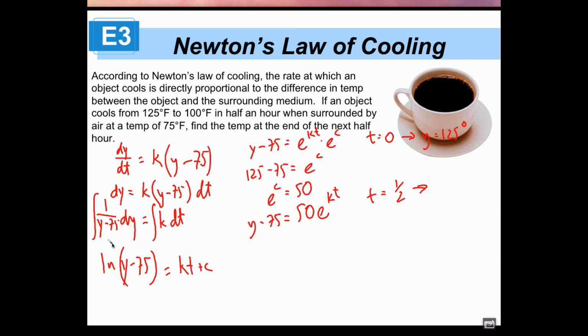How did you know to use a half instead of 30? This is an hour. Could I use 30? Yeah. So when I solve this, I'm going to get a rate, correct? If I solve this using 30, would the rate be the same?